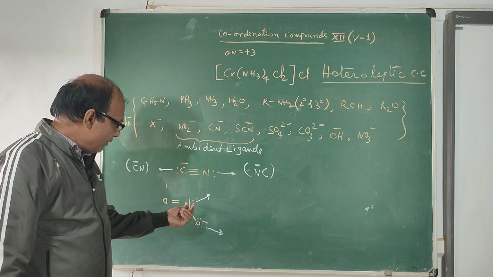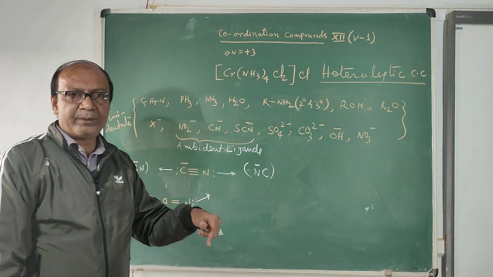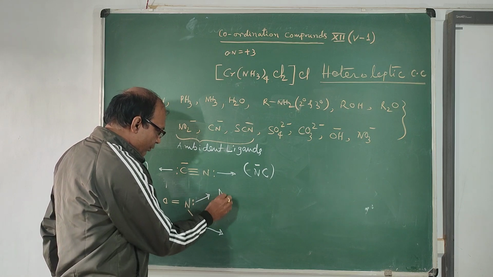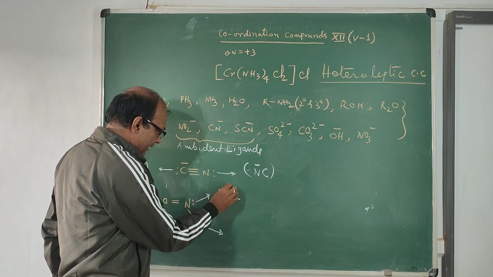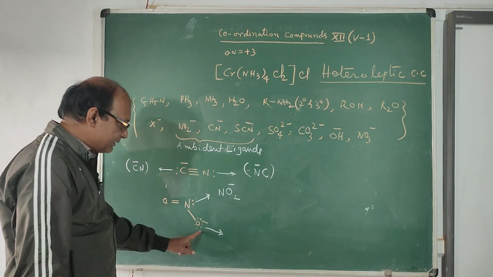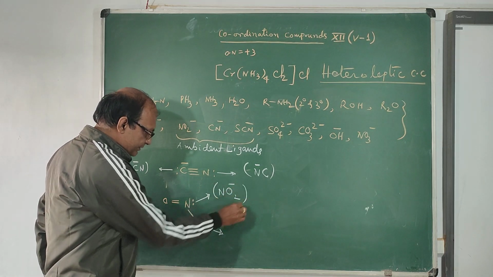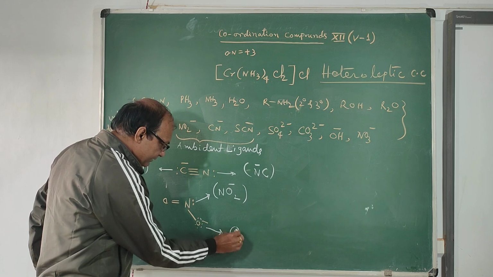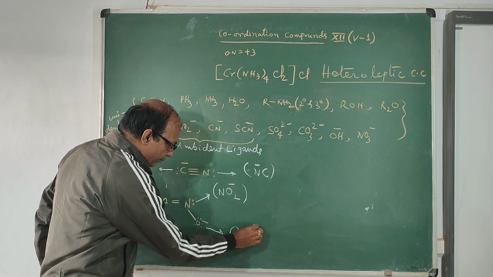Here is a lone pair. When nitrogen donates its lone pair for bonding, it is written as NO2 minus. And when oxygen donates its lone pair for bonding, it is written as ONO minus.